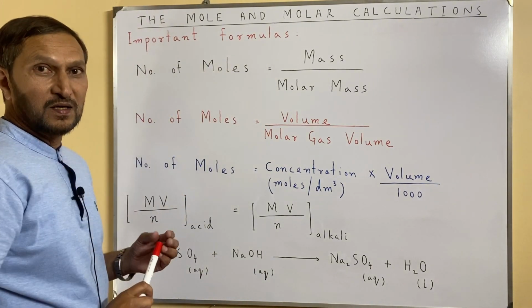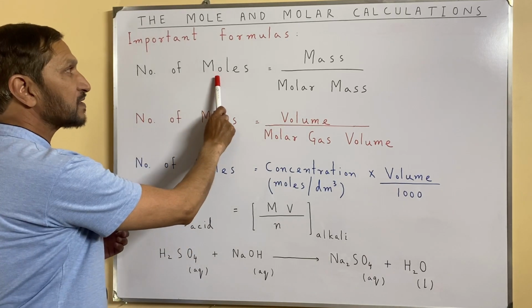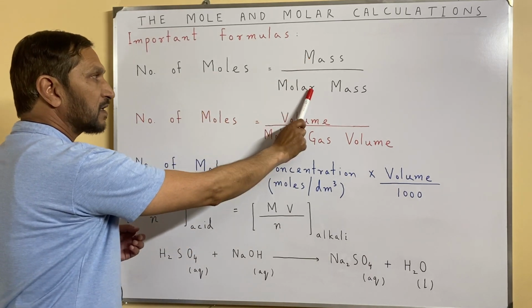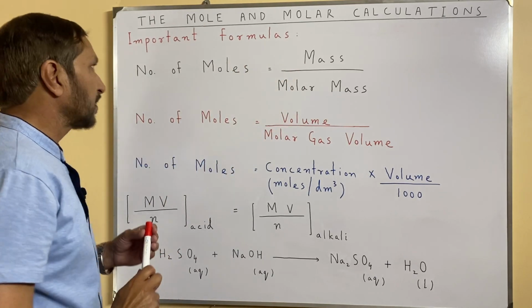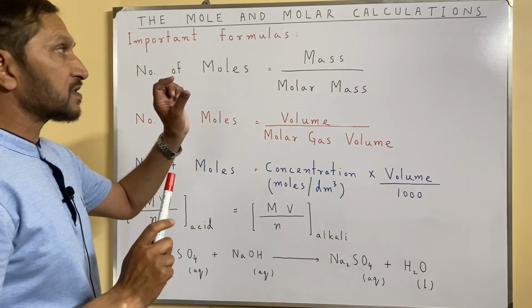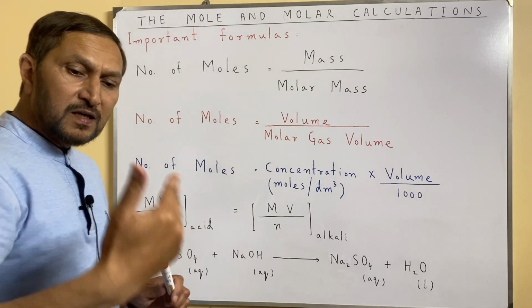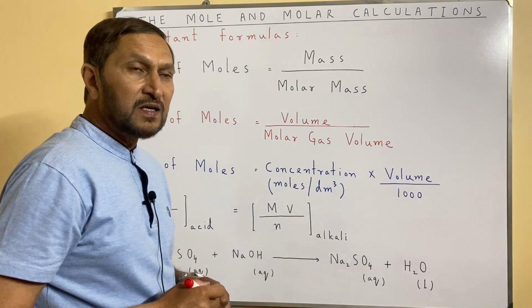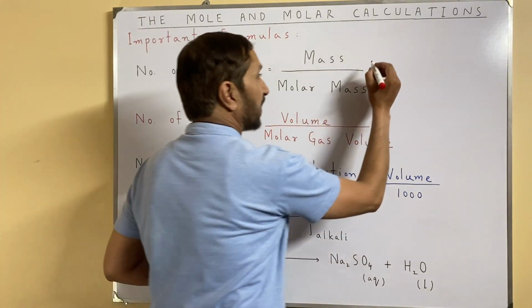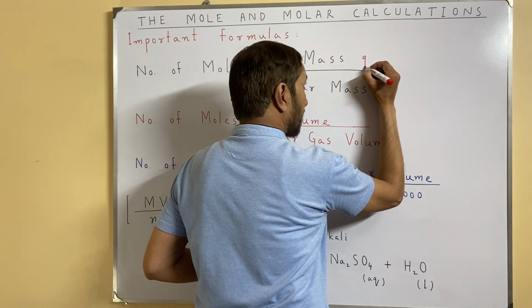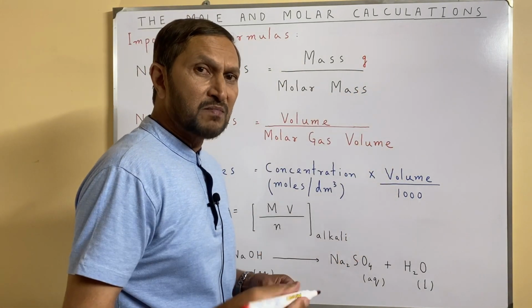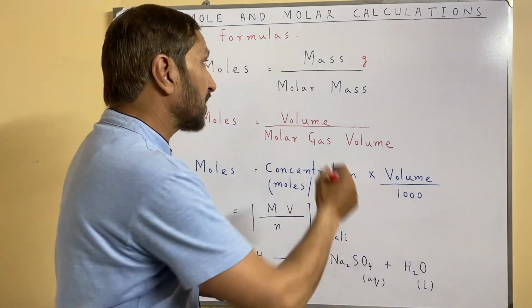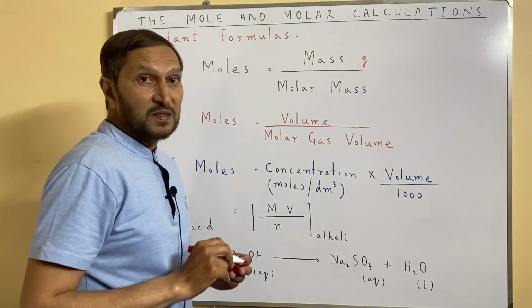First formula is number of moles is equal to mass divided by molar mass. This formula is applied when the mass of the substance is given in grams. If it is given in kilograms, you can convert it into grams by multiplying by 1000, but it is mostly for solid substances.